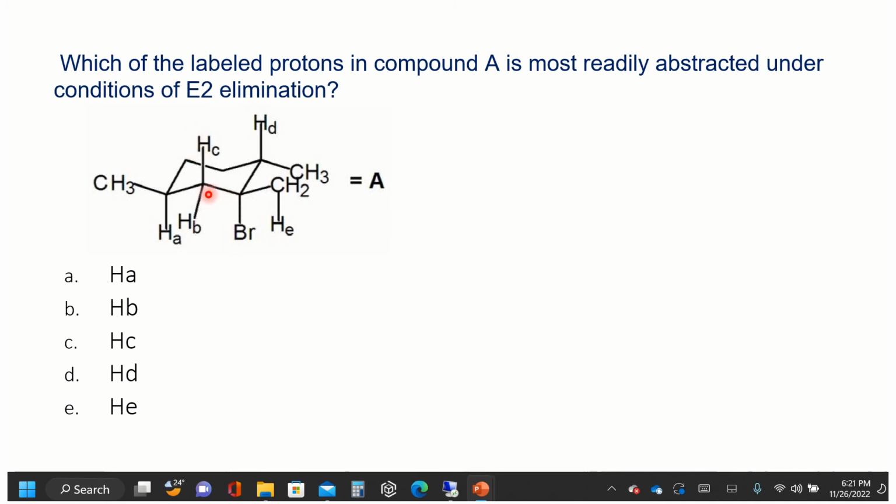HC and HE are. However, if we eliminate HE, you would realize a disubstituted alkene, while eliminating across here, we have a disubstituted alkene within the ring. And that will give you a disubstituted alkene here in the ring.